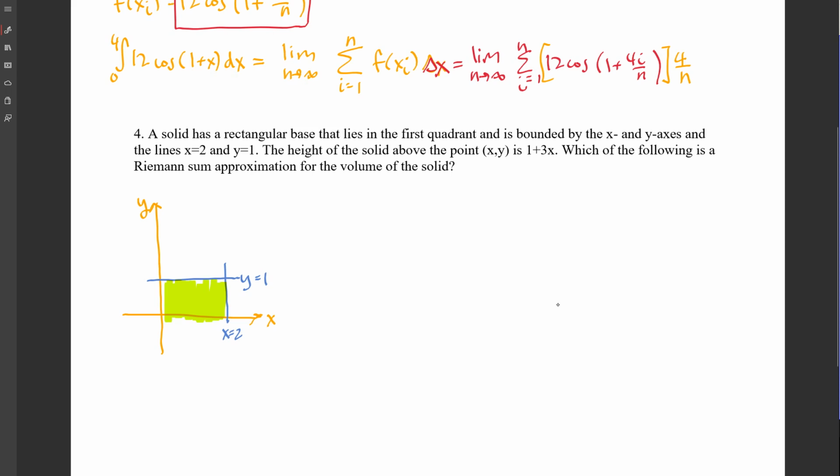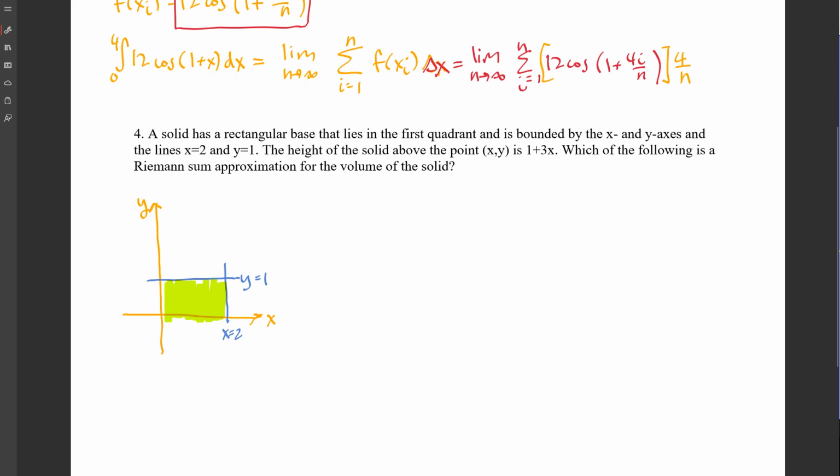Okay, so this thing is kind of 3D-ish, right? There's something growing on top of this area. This is the foundation, and there's something growing on top of this foundation that makes a volume. You could think of it like a skyscraper or something. And how tall is this skyscraper at any point?